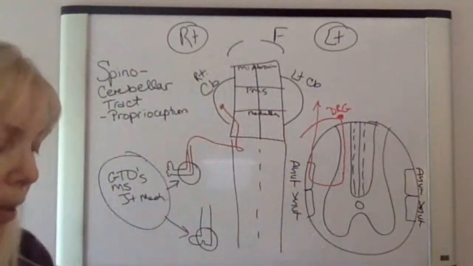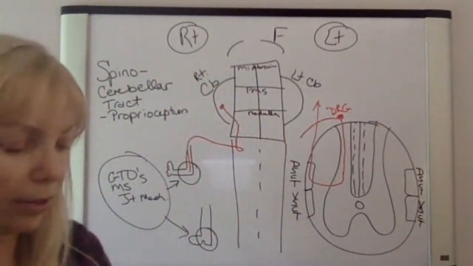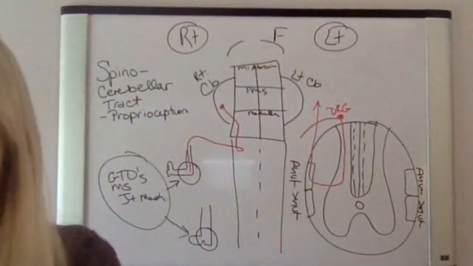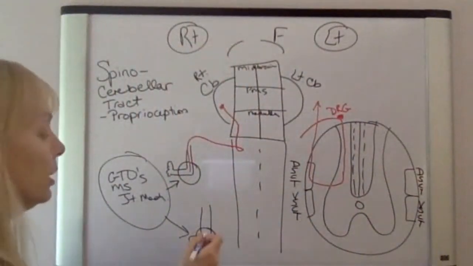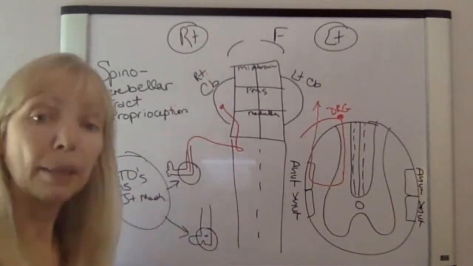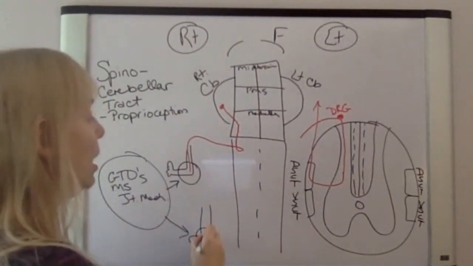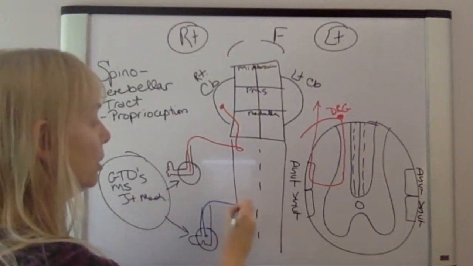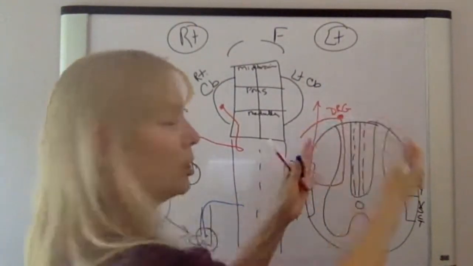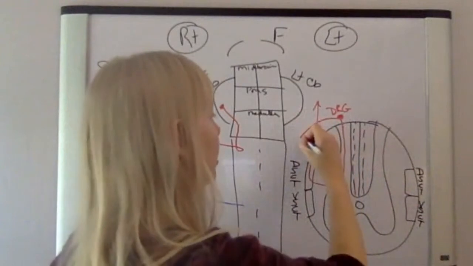Now, let's talk about the ventral spinocerebellar tract. Let me grab another color here. Let's try blue. So let's say we have an ankle down here, and we have all these proprioceptors down at the ankle as well. And that's going to come into the cord. And for this one, I'm just going to still use this little transection.